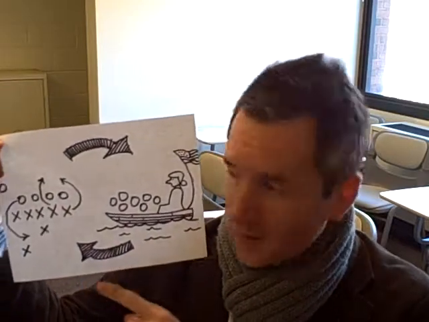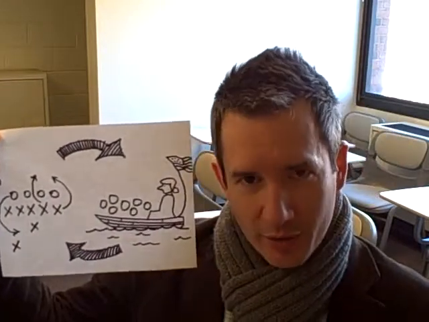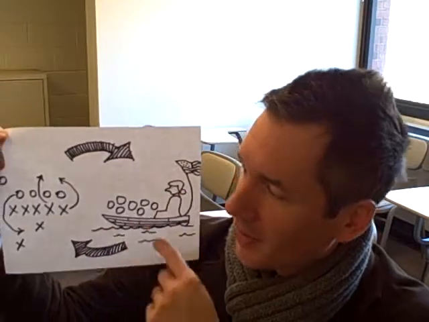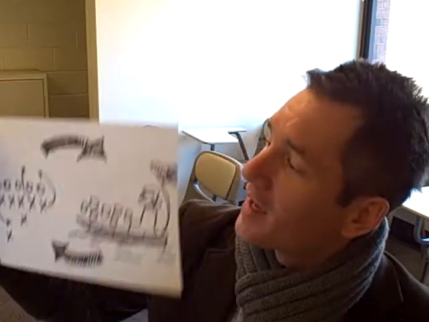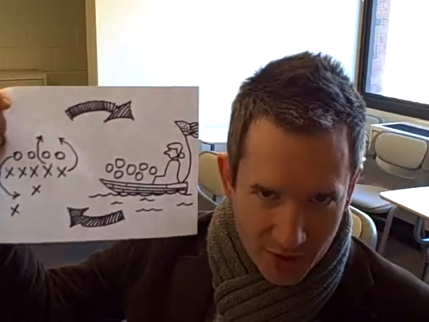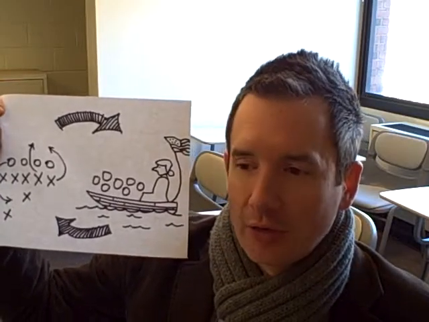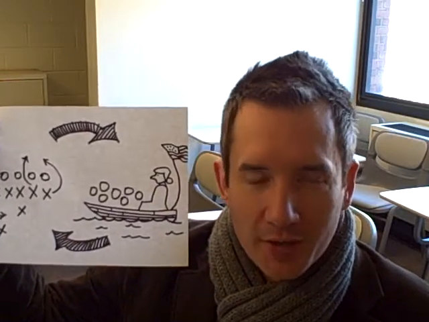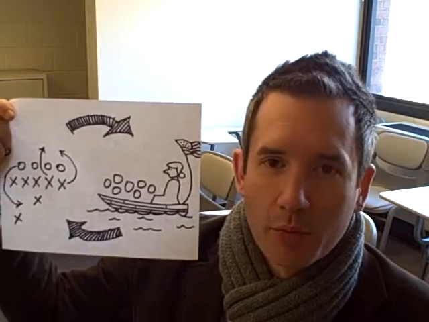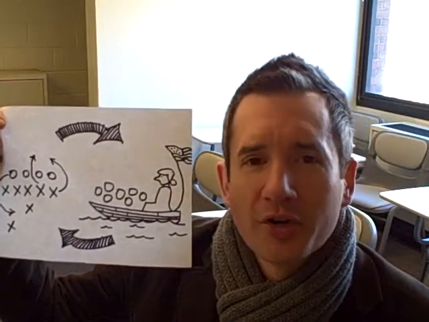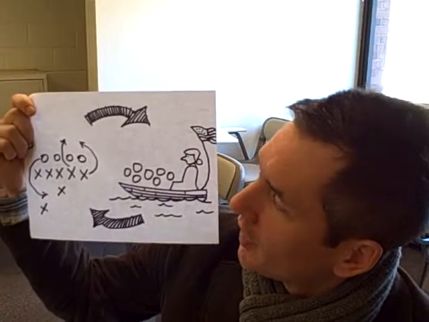I've used something I understand well in order to help me better understand something that's new to me. And what's important here is not that I come up with an analogy or a connection so brilliant that Penn State is going to come and offer me the job if Joe Paterno ever retires.